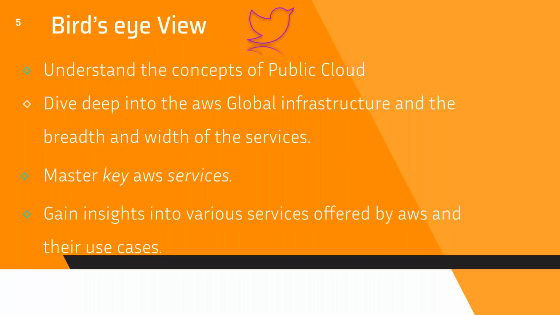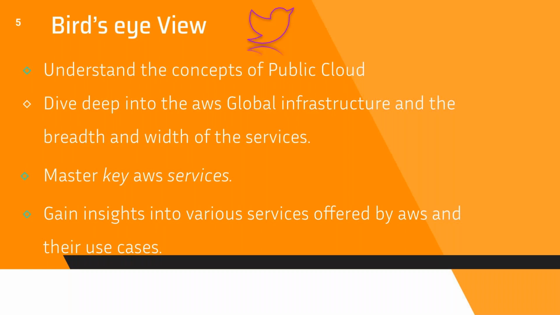Okay, a very high level view of what we are going to do in this course. Understand the concepts of public cloud, dive deep into the AWS global infrastructure and the breadth and width of the services, and master key AWS services, gaining insights into various services offered by AWS and their use cases.